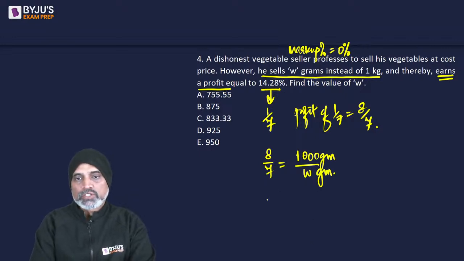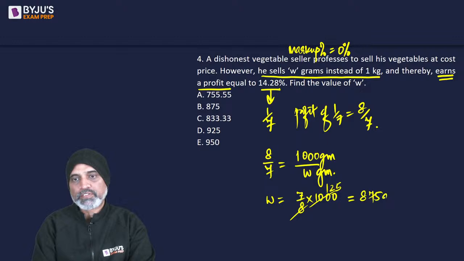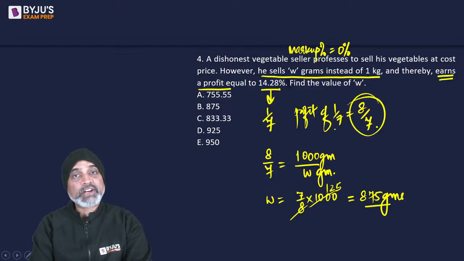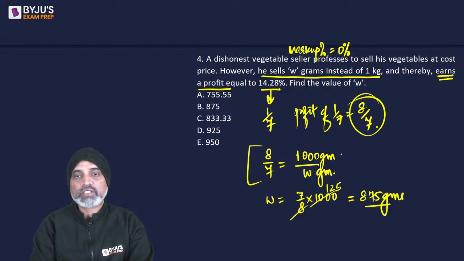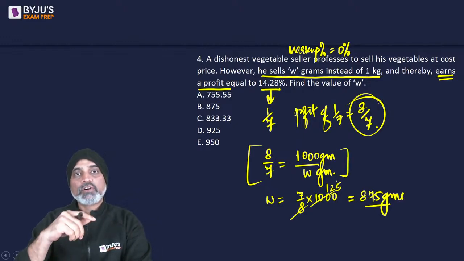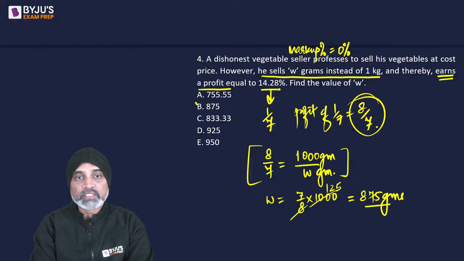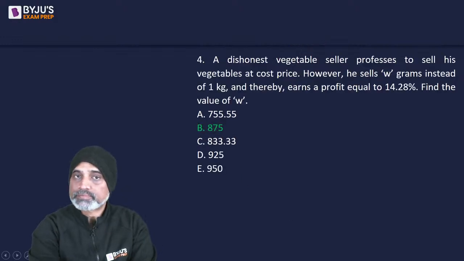Okay. So this W is going to be 7 by 8 of 1000, which is going to be 7 into 125, which is going to result in 875 grams. So all we have to do is equate the multiplying factor of the profit percentage with the multiplying factor of the weights, the two weights that we have. Okay.